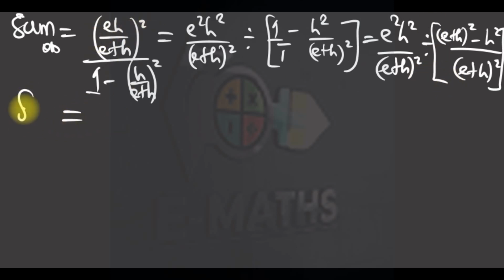So we'll continue. The sum is now equal to e squared h squared divided by this. So we are left with this.